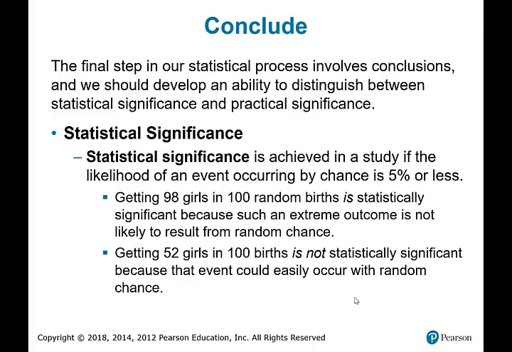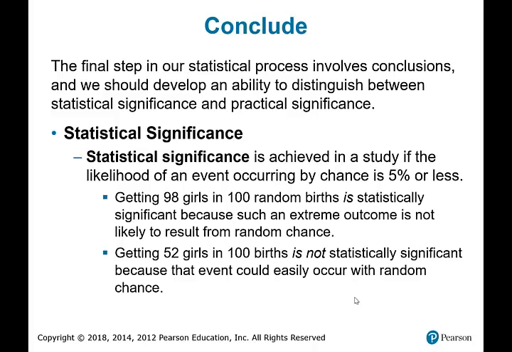5% or less. The second bullet point here is getting 52 girls in 100 births. Okay, so that is not statistically significant, generally speaking, because remember that in 100 births, you would expect 50 girls. But in 100 births, when you get 52, well, that's still pretty close to 50.